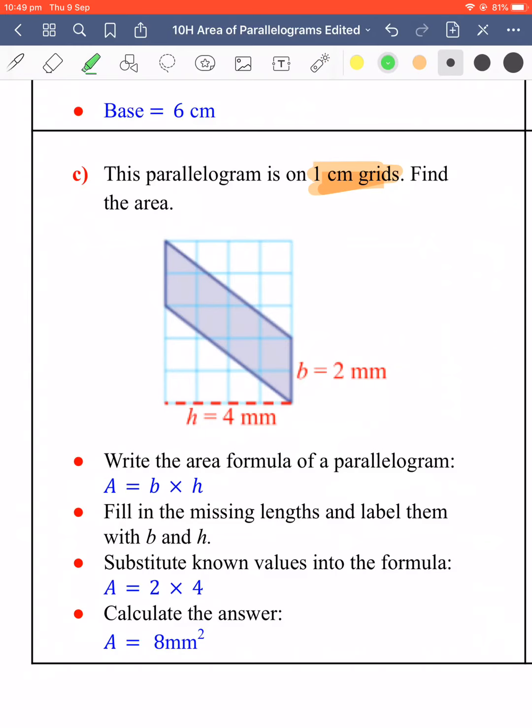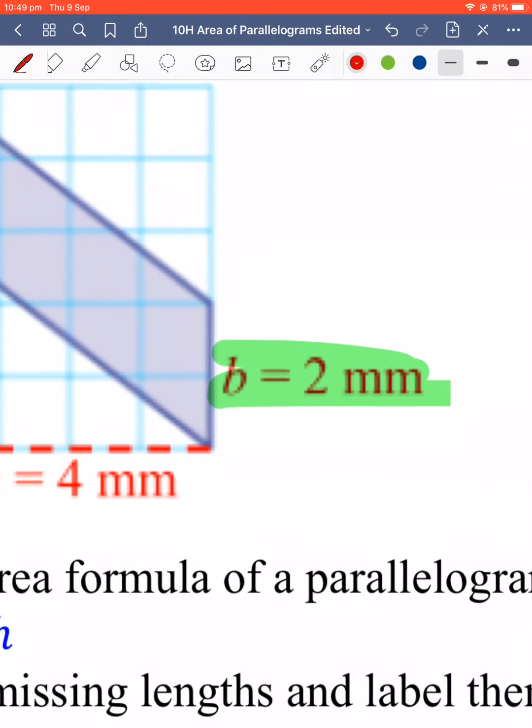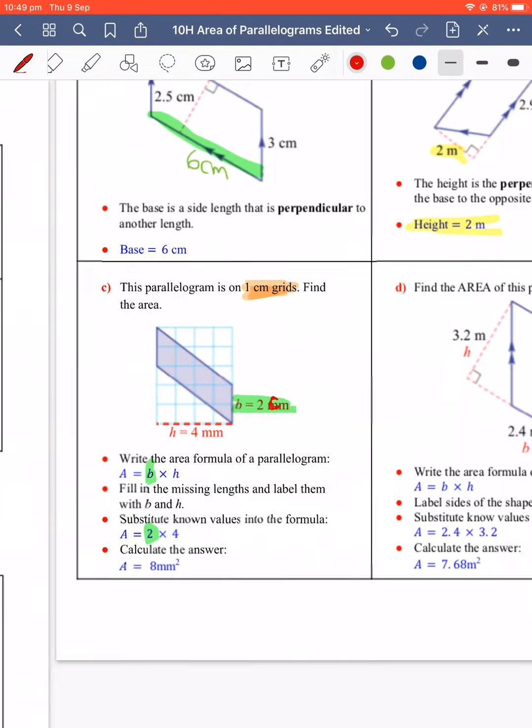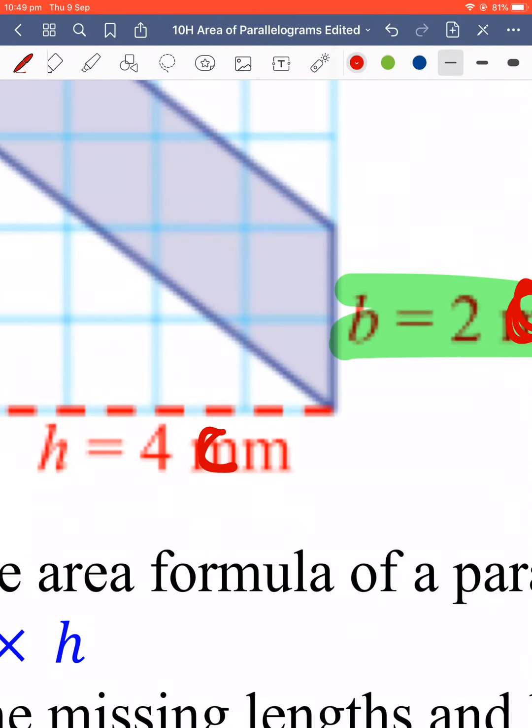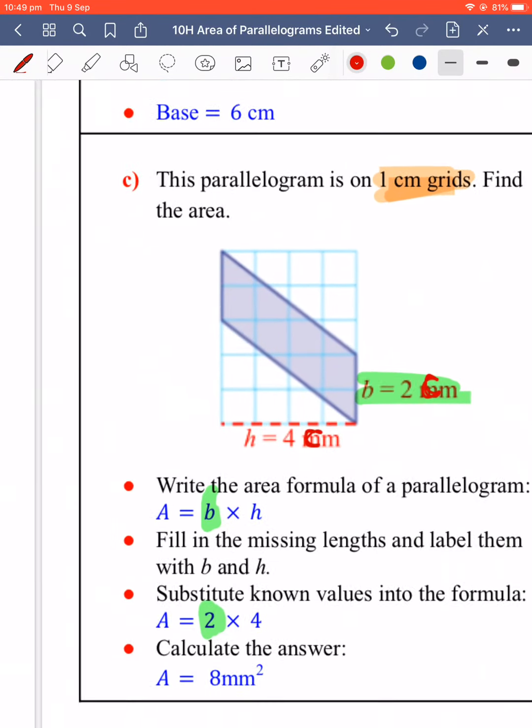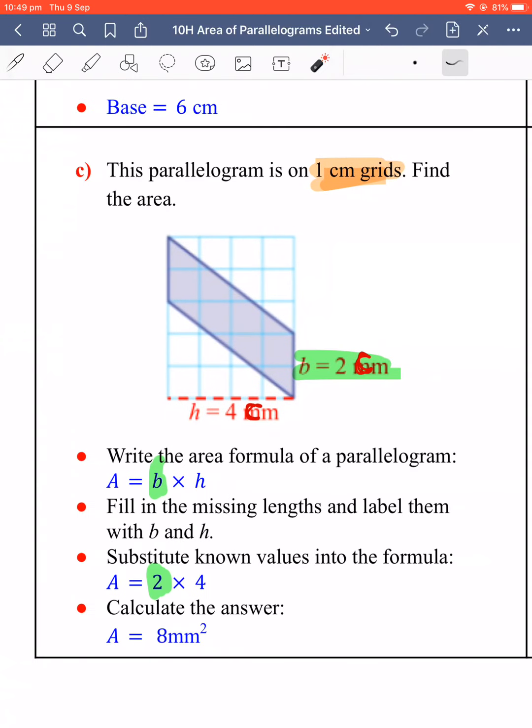Think about it, you can kind of turn them all around. So we've got our base here, and we can substitute it in as 2 centimeters. Sorry, I wrote millimeters; I'll fix that later. So if I have 2 centimeters and 4 centimeters, if I put in my answer, and I have my height here with these little dotted lines, it is 1 box, another box, 3 and 4.